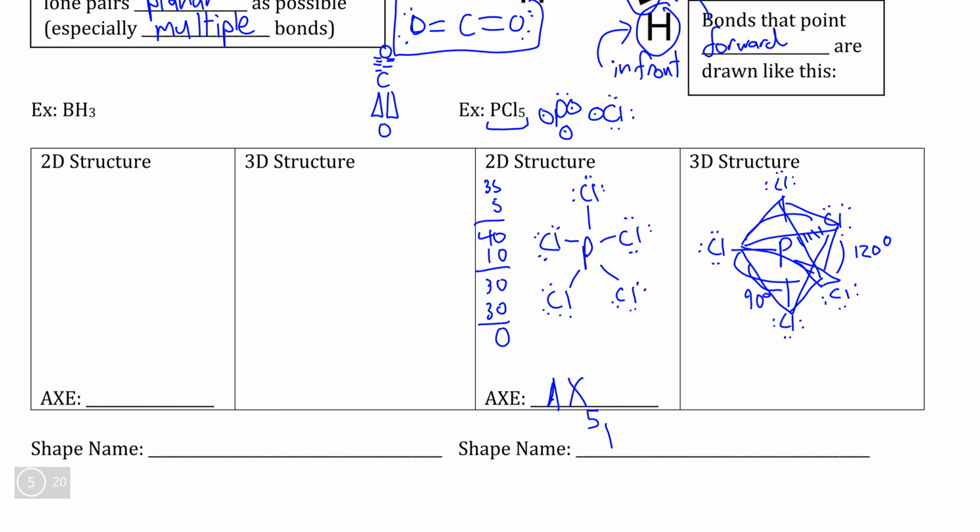So all of these shape names, like trigonal bipyramidal, are simply a way to remember what the geometry of the shape is, because it will usually be a descriptor of the type of shapes that you can visualize given the molecular geometry.